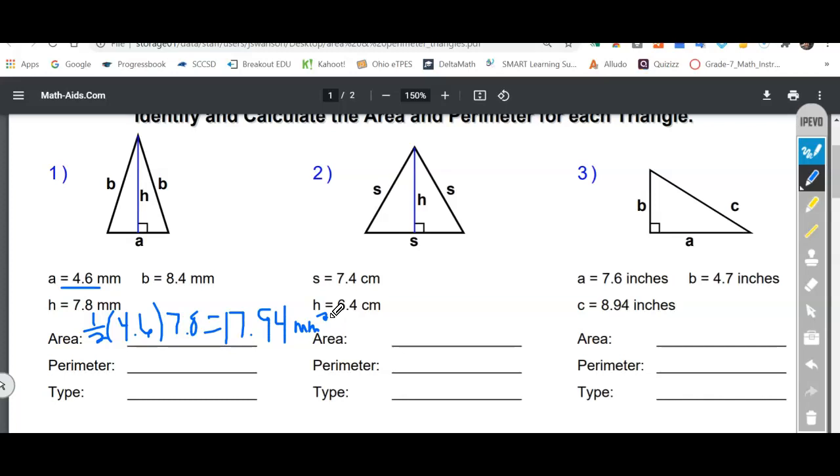Okay, so now what do I do for perimeter? Perimeter is measuring what? What? The outside. So on this particular one, what am I doing to find the perimeter?